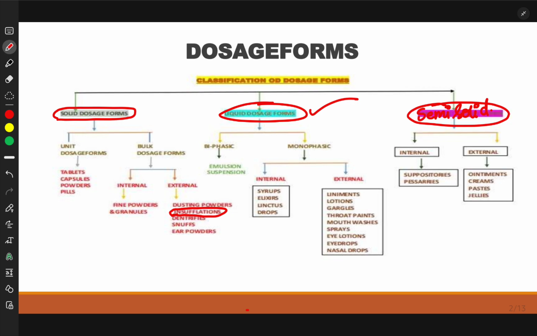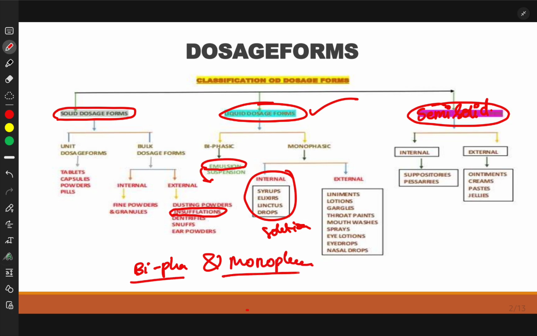You will get some order of absorbability in further classes. In that, emulsions have the highest absorbable capacity, and also the solutions. Before knowing liquid dosage forms, you will be seeing biphasic and monophasic.